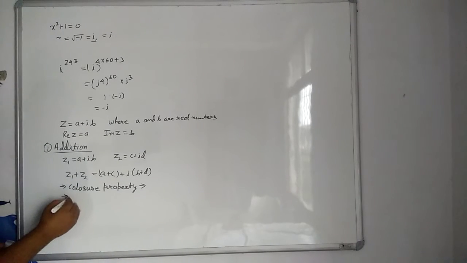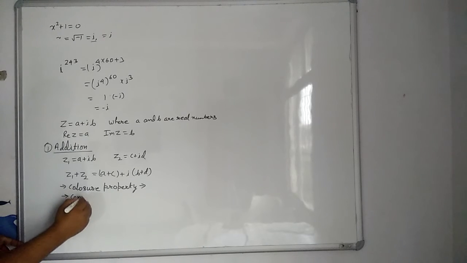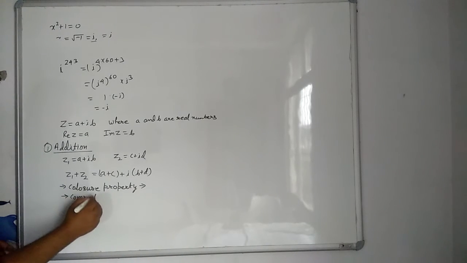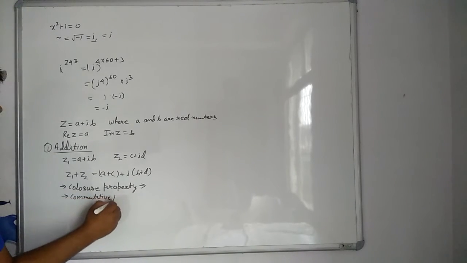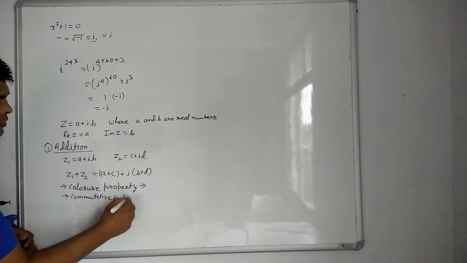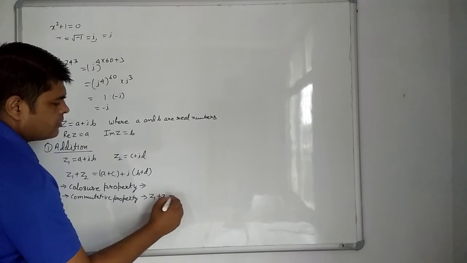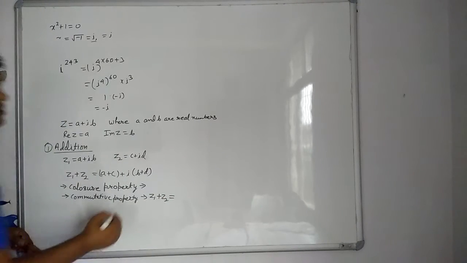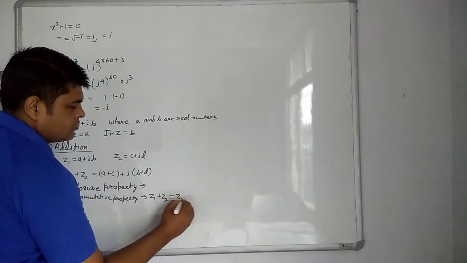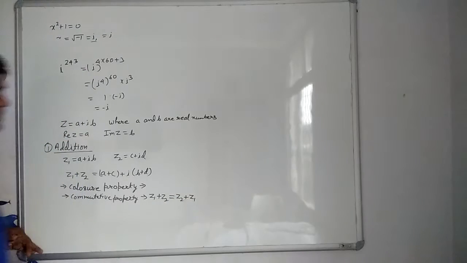The second property is commutative property. The sum of two complex numbers is always commutative. That means z1 plus z2 will be equal to z2 plus z1.